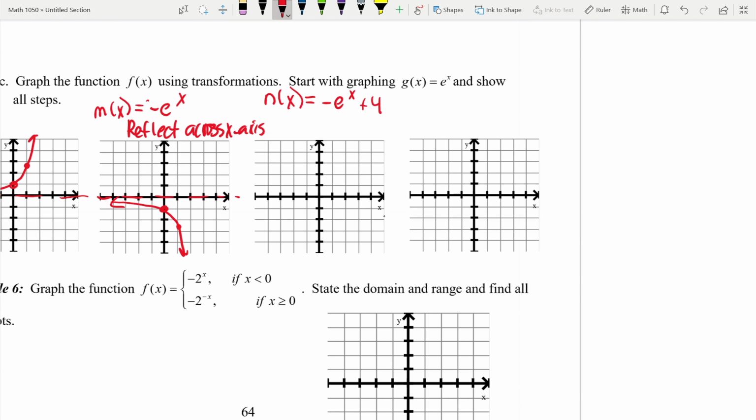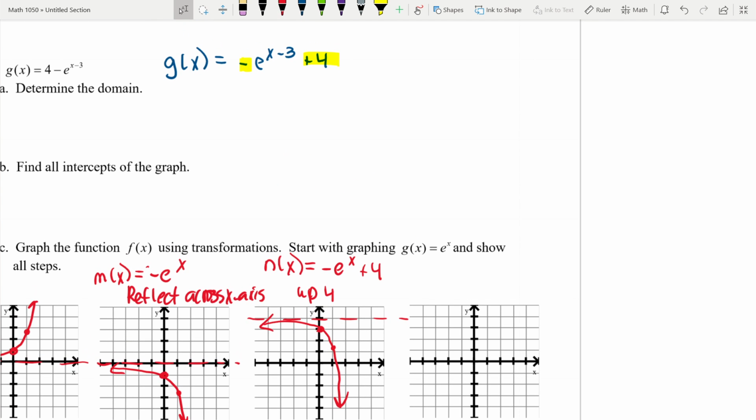So now I'm going to start with that asymptote, and I'm going to shift it up 4. I'm at 0, negative 1, I'm going to go up 4. I'm at 1, negative 2.7, I'm going to go up 4. 1, 2, 3, 4. So that puts me a little bit above a 1. So just be really careful that you're moving everything the right number of things. And this would be an up 4.